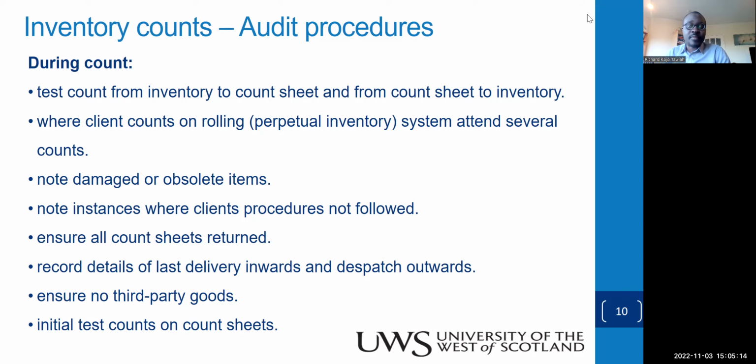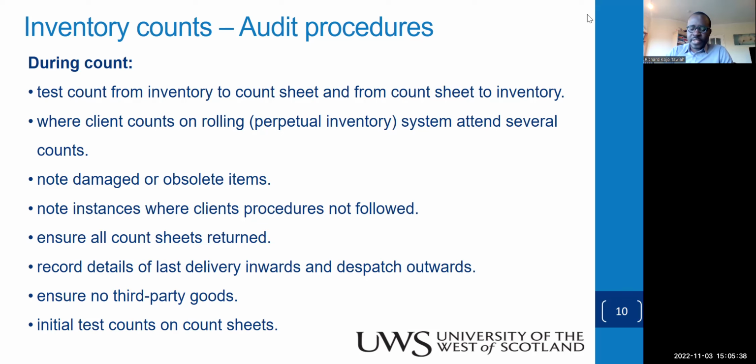Check those for cut-off purposes so that we don't include things we are not supposed to include and we don't take out things we are not supposed to take out. Ensure that there are no third-party goods included in the client's stock records. And always initial the test count. So you finish counting, you must show your initials on the test count sheet.